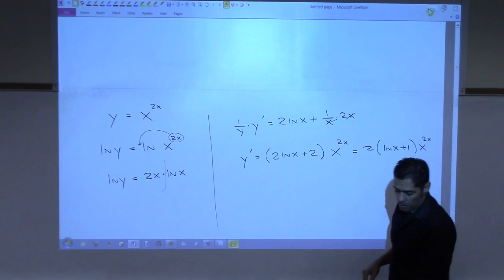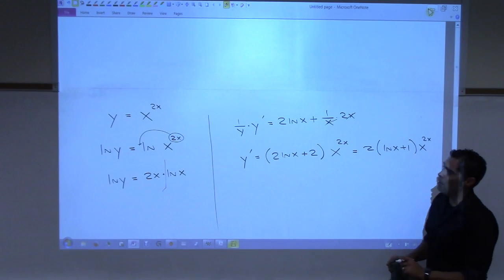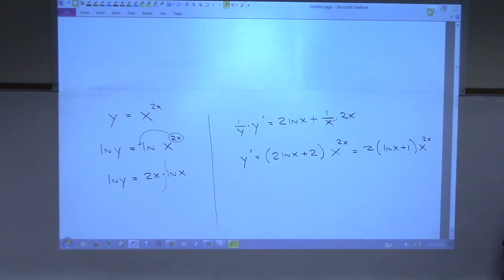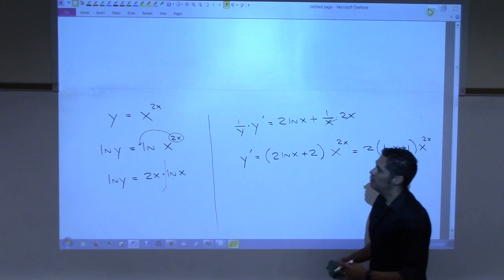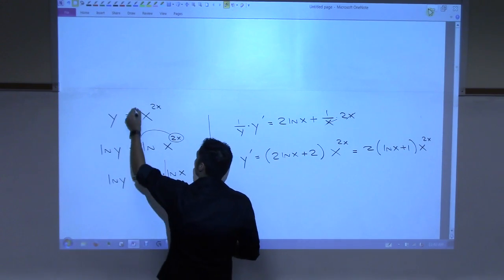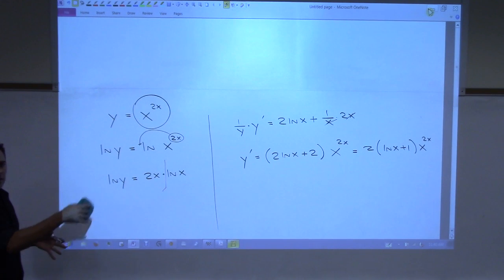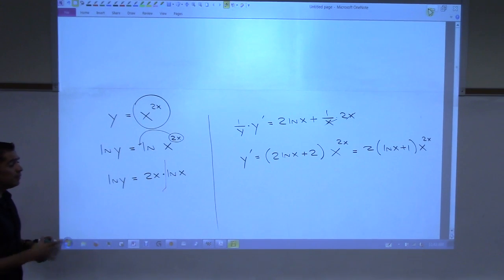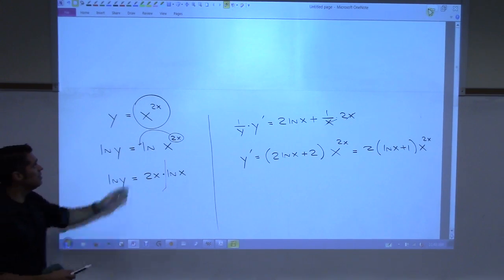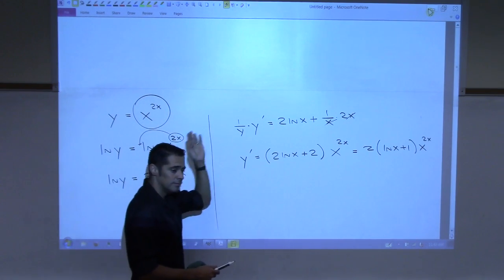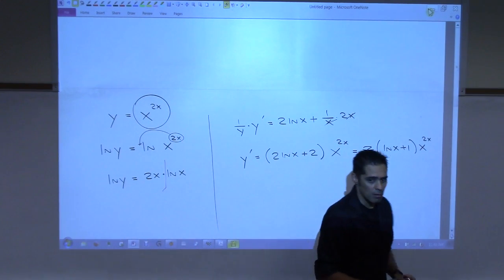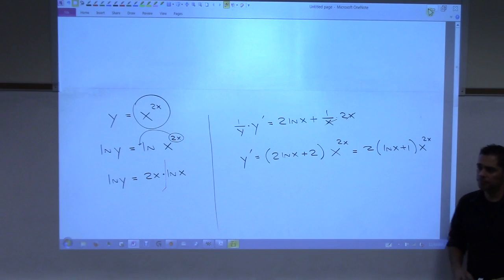That's a really cool thing that we can do with logarithmic differentiation. We can take derivatives of functions of x that are very different than anything we've ever seen. We've got x's both in the base and the exponent. So if you are ever faced with a problem where you see x's down here and up there, and you're asked for the derivative, logarithmic differentiation is the way to go.